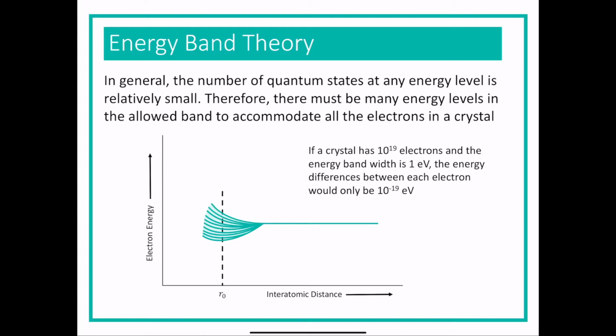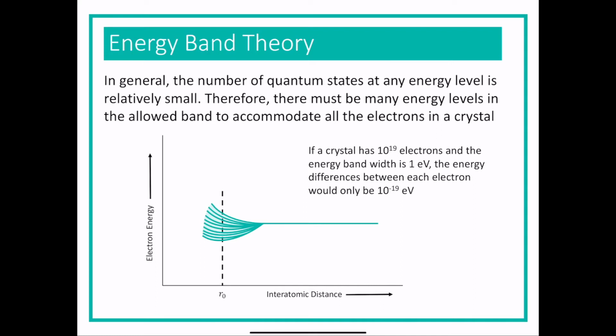Each one can differ by just about 1 electron volt, which is a very, very tiny amount. But in doing so, you can have a very large number of electrons that differ just slightly, but still basically have the same quantum number, but not quite.